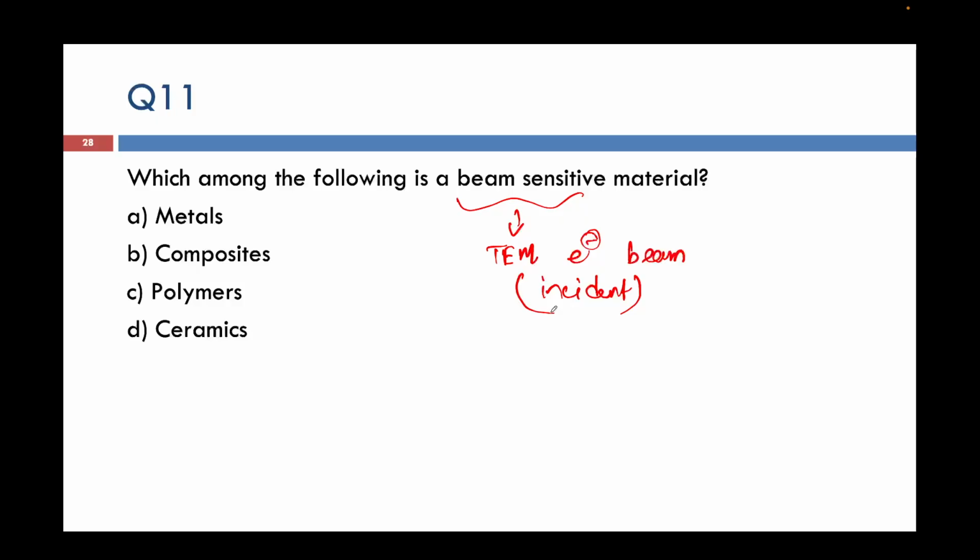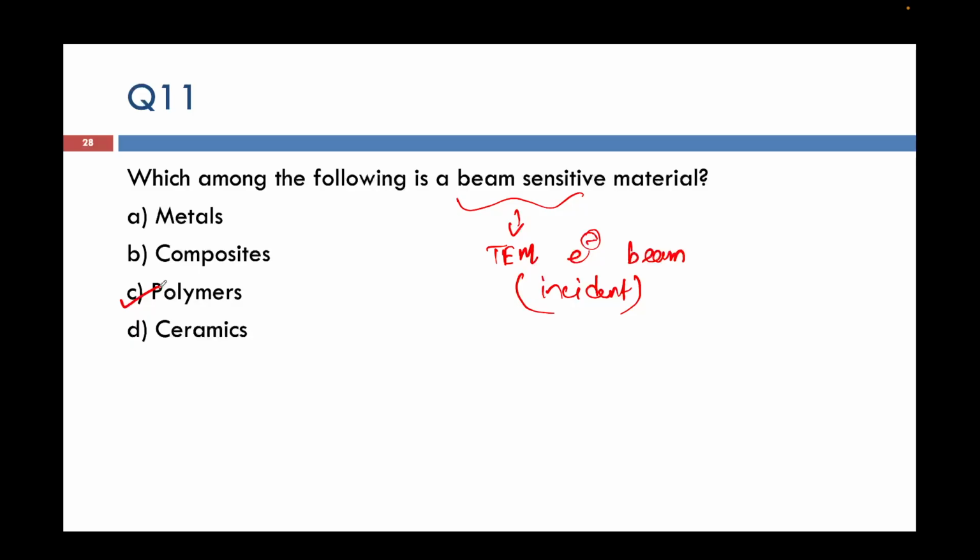We can view the material, but we cannot give it a higher exposure time. When we give higher exposure time, beam damage will take place in our sample. So the correct option is polymer.